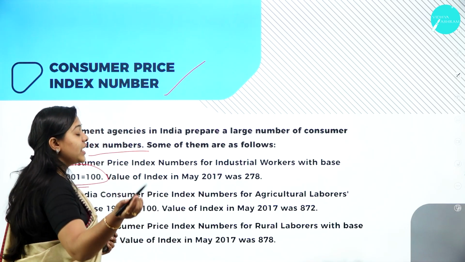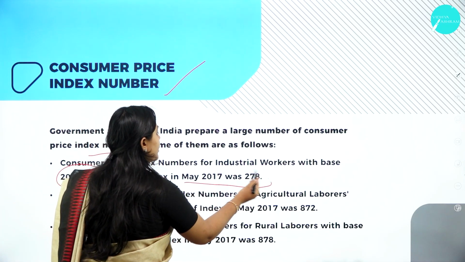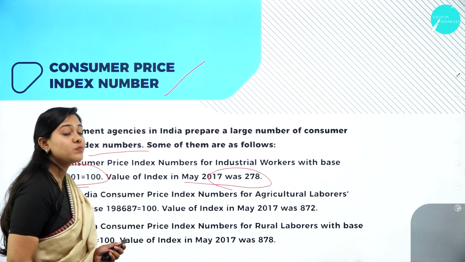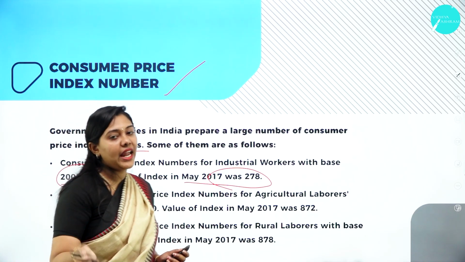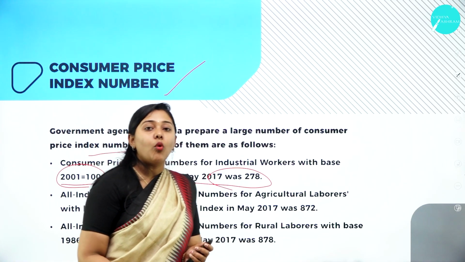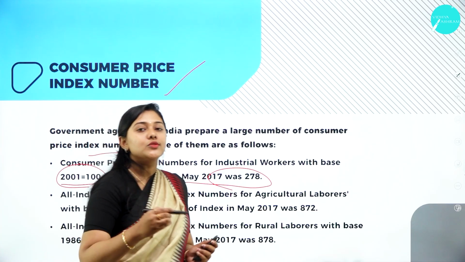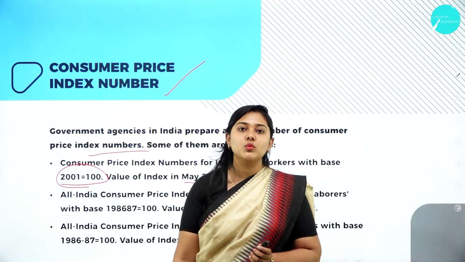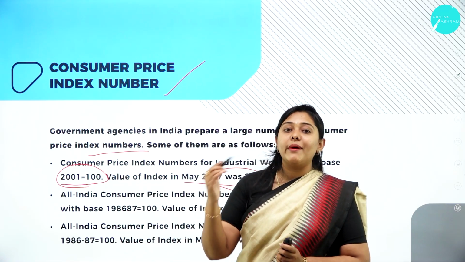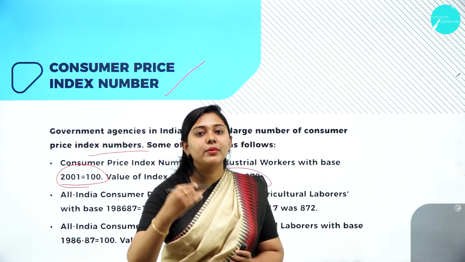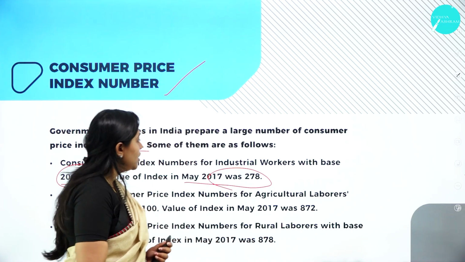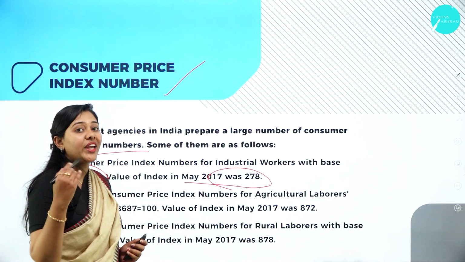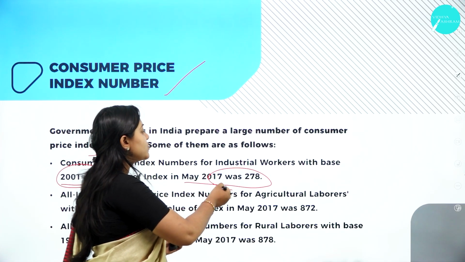They have given the data of May 2017, where it has increased to 278. What does this statement tell you? In the base period 2001, if 100 rupees was there, a basket full of commodities was available for a person to consume. But later in 2017, the price has increased to 278.